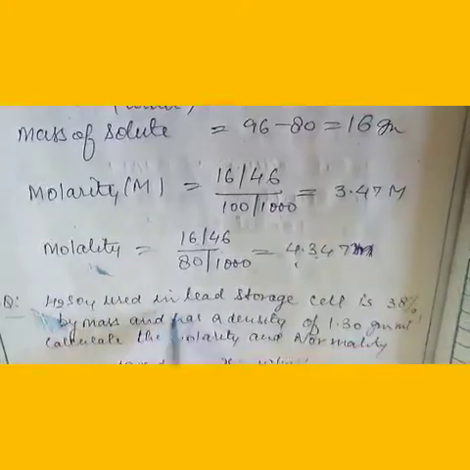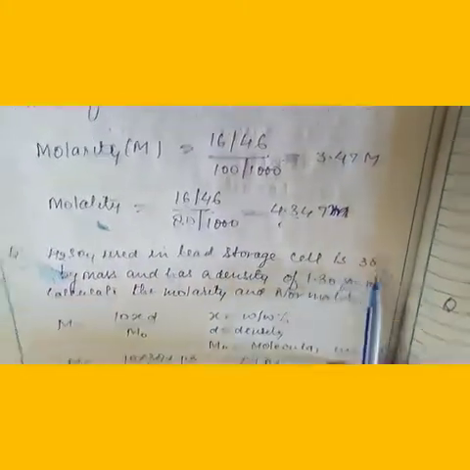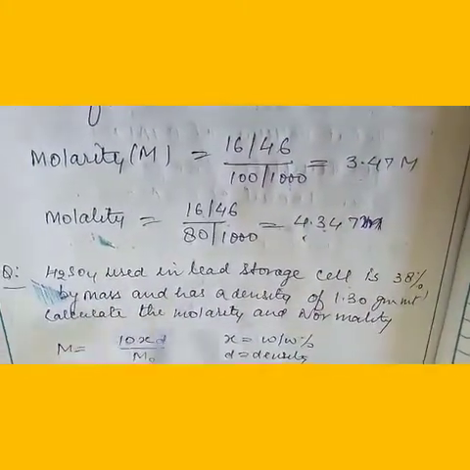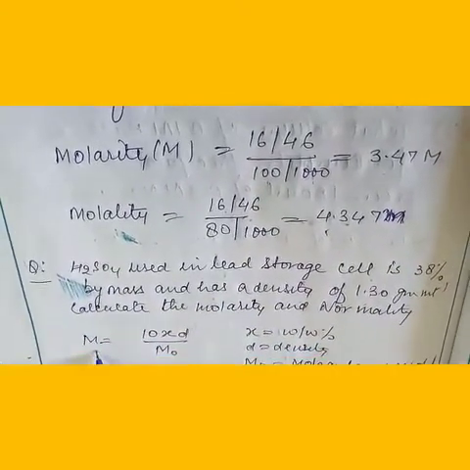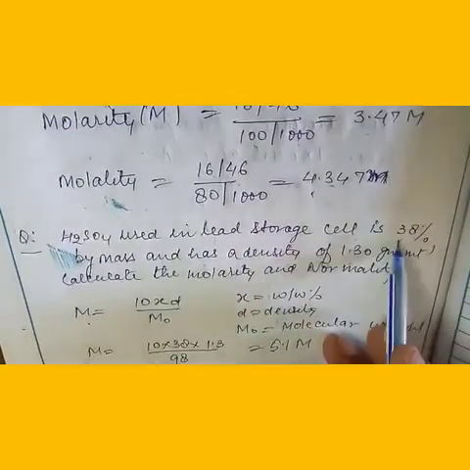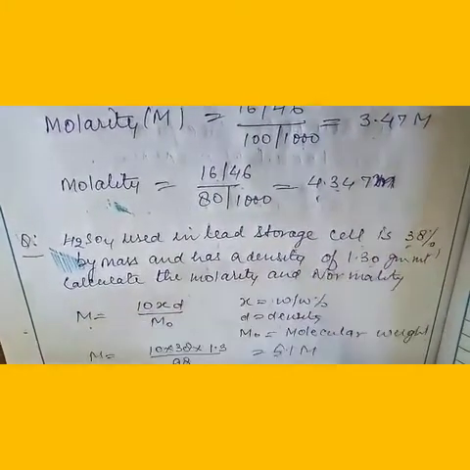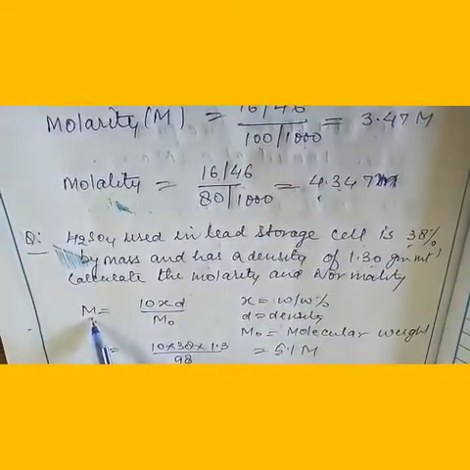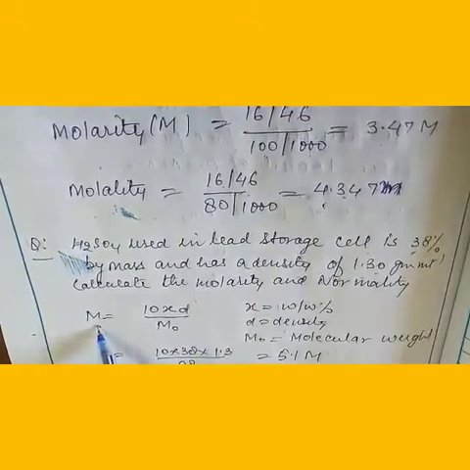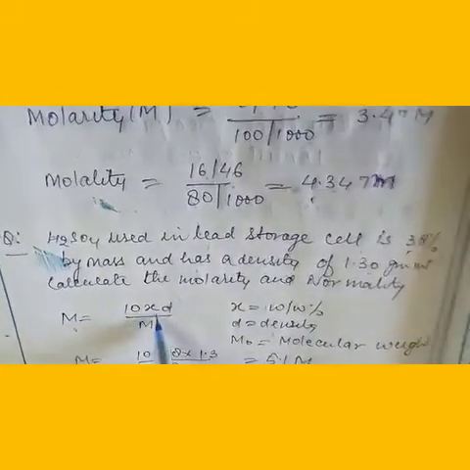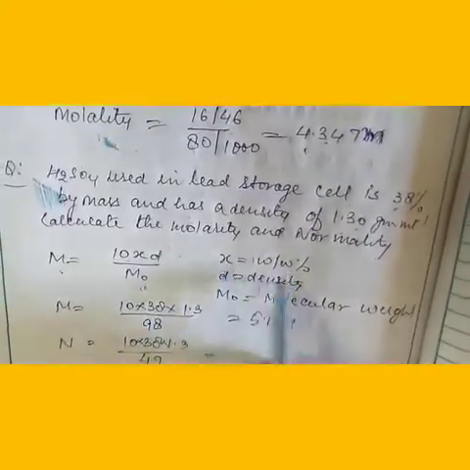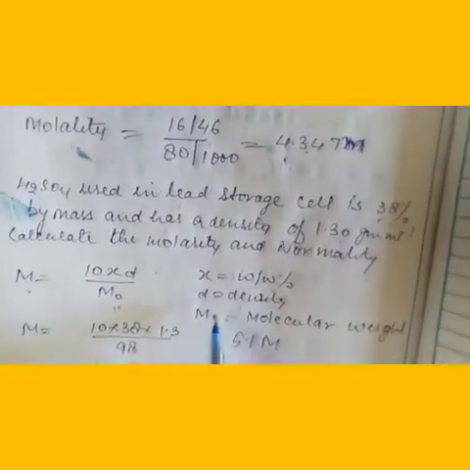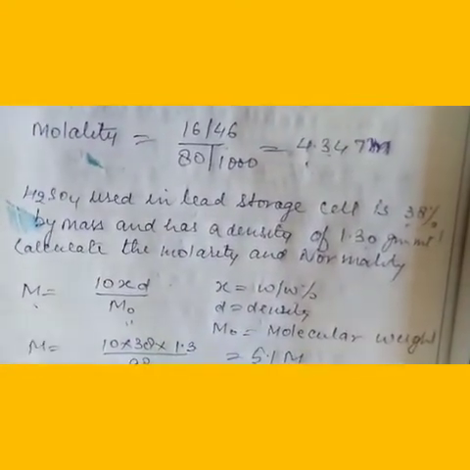H2SO4 used in a lead storage cell is 38% by mass and has a density of 1.30. So the formula, if the weight percentage and density are given, then we calculate with the help of this one. Capital M, means molarity, is equal to 10 x d upon M naught, the molecular weight. x means weight percentage and d means density.